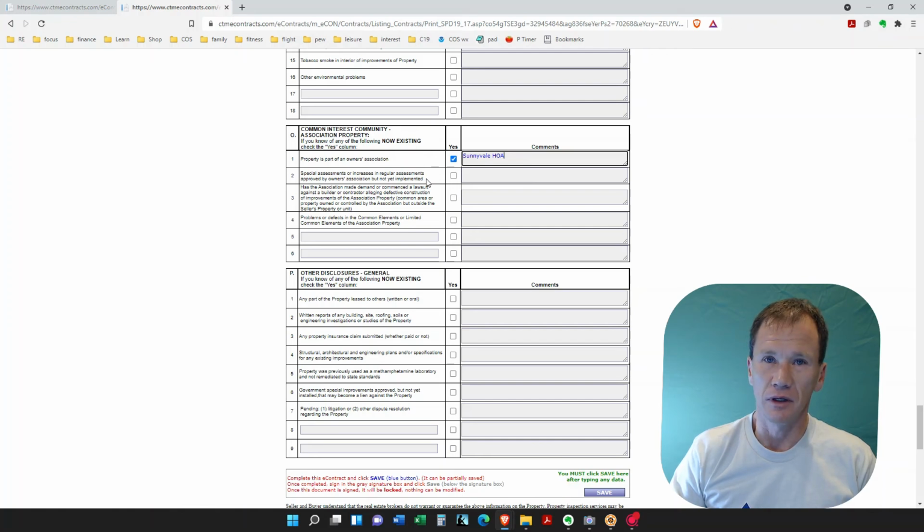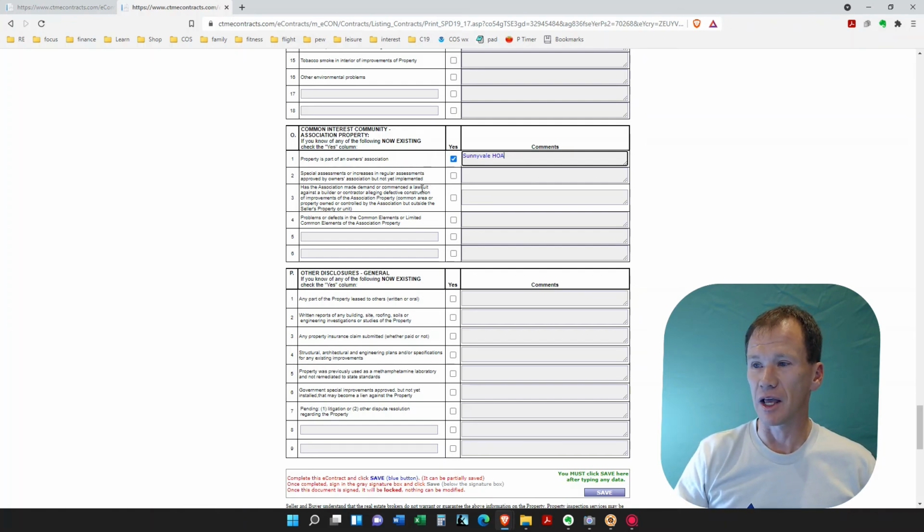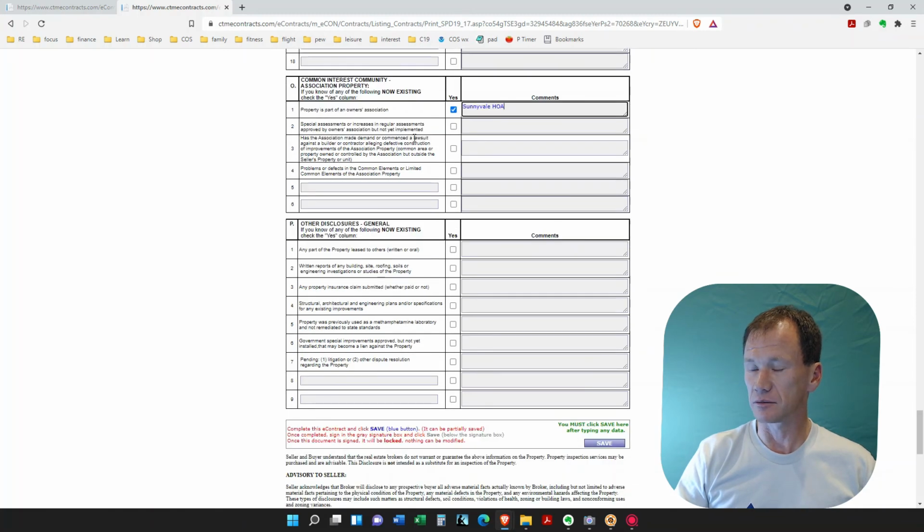So, it's a townhomes complex, and there was a major hailstorm that required replacing a ton of roofs and siding, and there's a special assessment of $10,000 per unit. But it just got approved by the board, and it's not going to go into effect for 60 more days because, for whatever reason, it has to sit. When you're aware of it and it hasn't been paid yet, you need to fill that out.